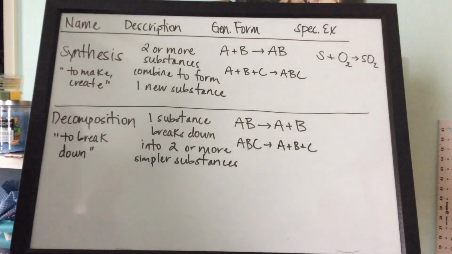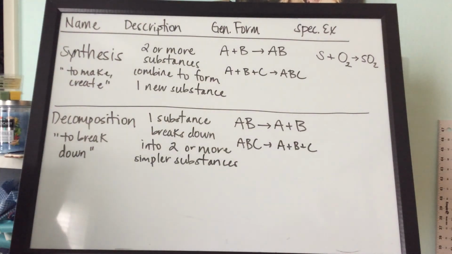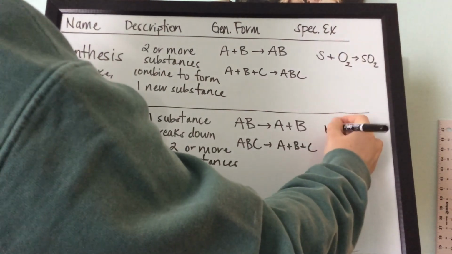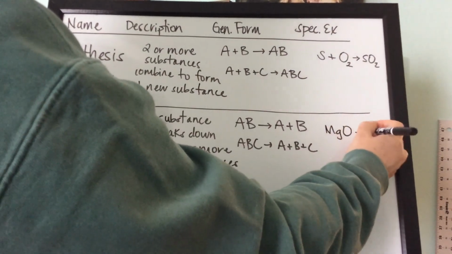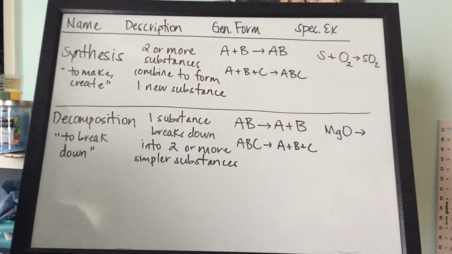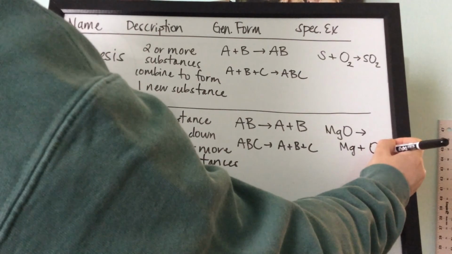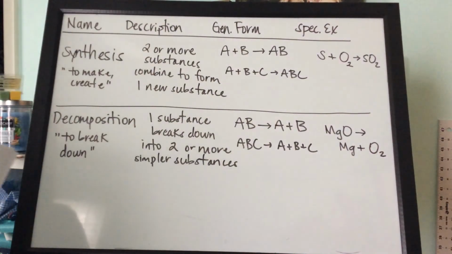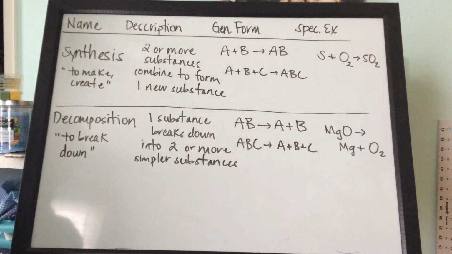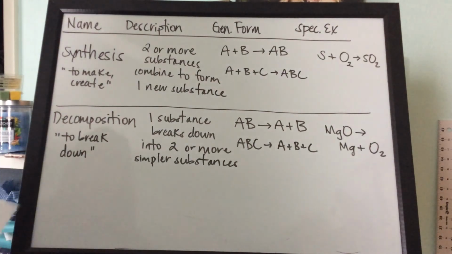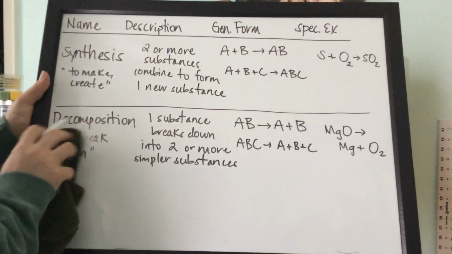They're reverse reactions, so to speak. So a decomposition reaction might be, we could just reverse this one, but it might be like magnesium oxide, MgO, breaking down to magnesium and oxygen, which we know is O2, diatomic. Okay, so synthesis and decomp are related because they're the opposite of each other. Okay, so those are the first 2 types of reactions, synthesis and decomposition.